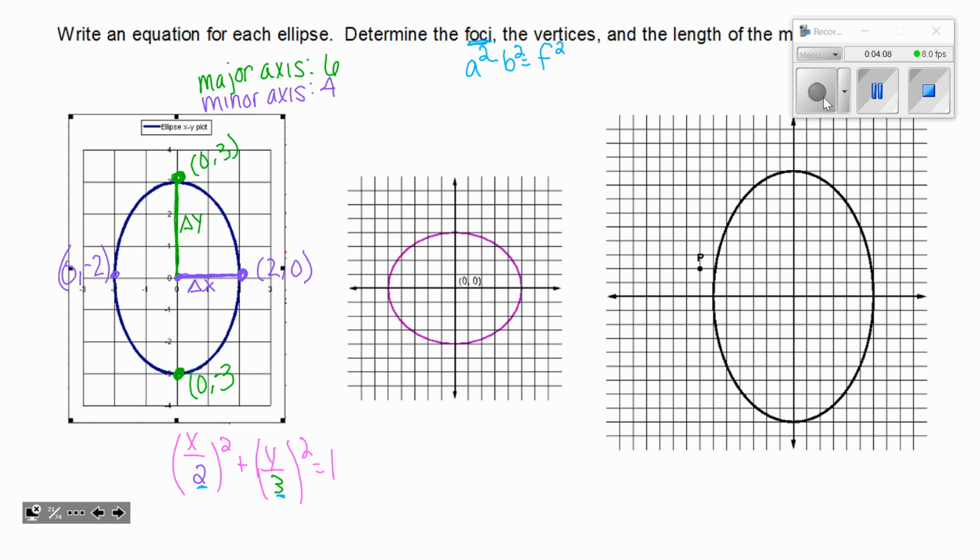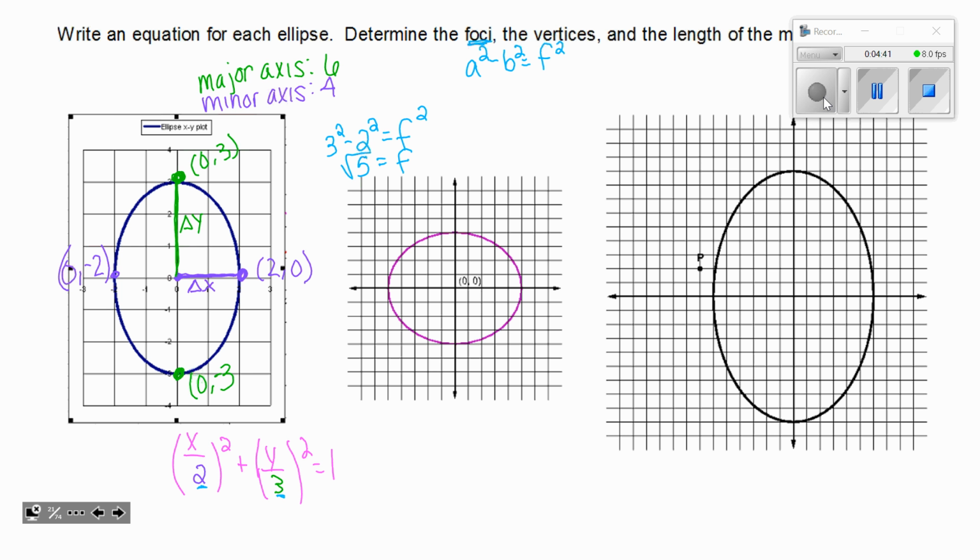A is always denoted as your major axis one, so it's really not that important. Whichever one's bigger squared minus the smaller squared. So to find the focal point for this problem is going to be 3 squared minus 2 squared. That's going to be our focal distance squared. So 9 minus 4 is 5, so the square root of 5 is our focus.